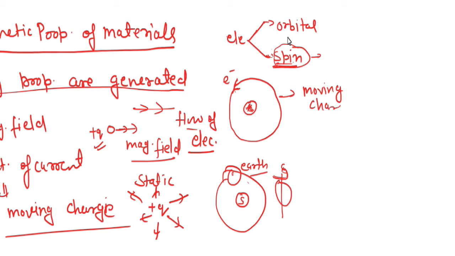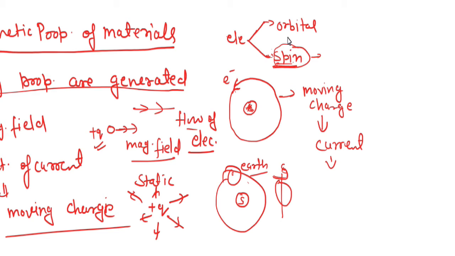This means if electron is moving around nucleus, a charge is moving, and if charge is moving, you can equate this moving charge with a current. So this means if electron is moving around the nucleus, this is equal to a current. And if you see the path of electron, this is a circular path.